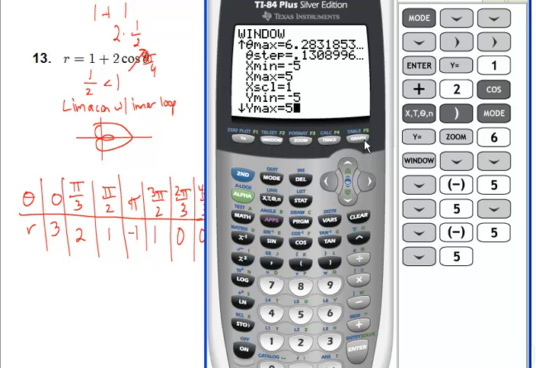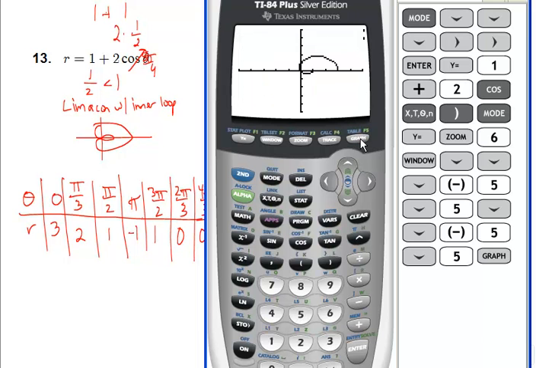And now let's hit graph, and there it's a little bit more clear. So there's our limaçon with our inner loop, and I made mine a little bit too pointy over here in my example, but it almost looks circular with this little tiny inner loop inside. Okay? Alright, let's take a look at another example.